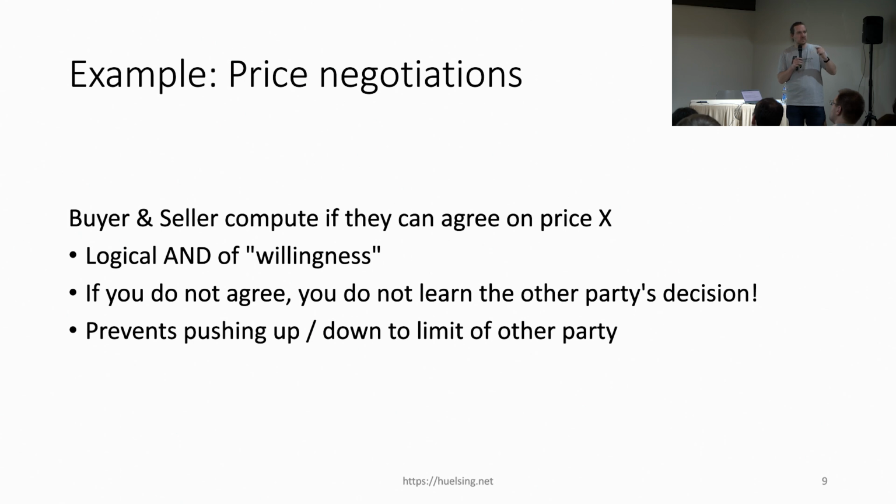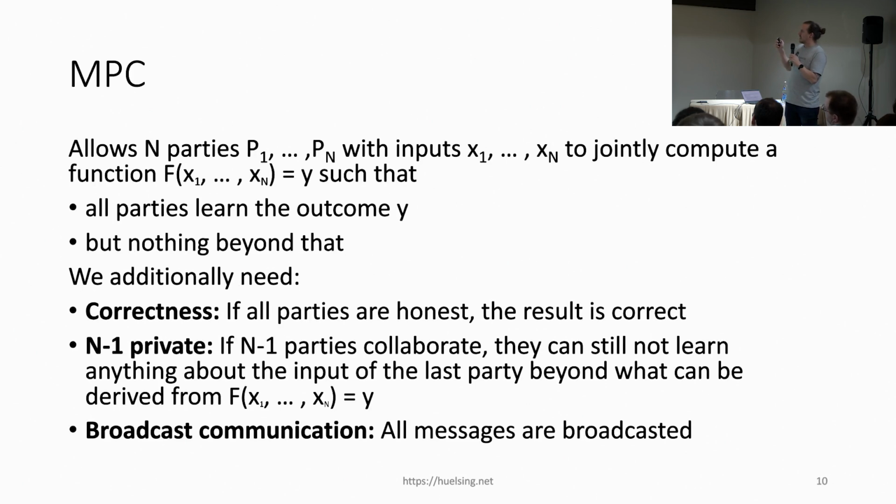If both parties agree, or if you agreed and the other did not, then you will learn the other party's decision. But as long as you say no, you will not learn anything about the other party, and this prevents, for example, pushing the price negotiations up or down, depending on which side you are. The generic example that people use in school is like this, and you can lift this to any kind of use case, but there you can maybe see where this gets interesting.